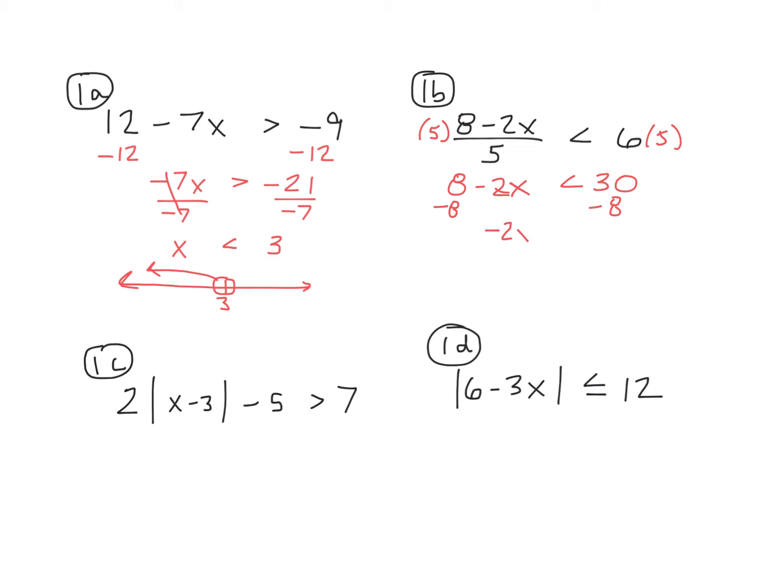I have -2x is less than 22. Divide by a -2, which, as we just talked about, will reverse that sign. And so I've got x is greater than -11. It's going to be an open dot at -11, everything to the right of that.